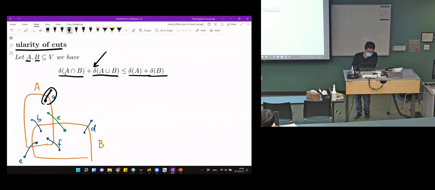You also know that this one and this one are both ST cuts as well. So each is some ST cut, so the size is at least the size of the ST min cut. And so you can conclude that actually everything is the same.